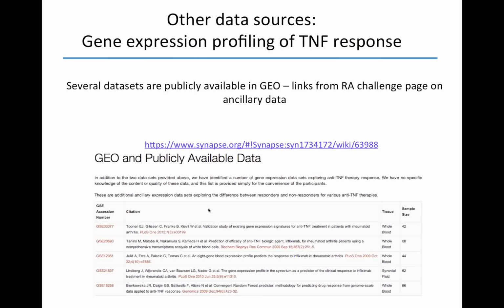And so now straying a little bit from the idea of genetic information and EQTLs, more in this realm of differential expression, we have curated a list of the publicly available gene expression profiling data sets from GEO and listed them here, again, on the Synapse webpage for the challenge.